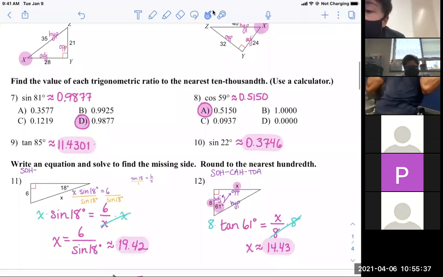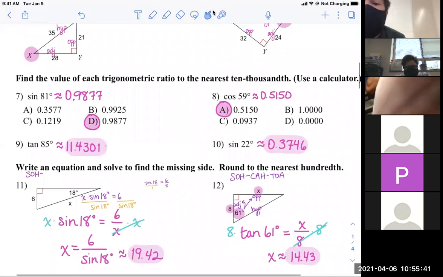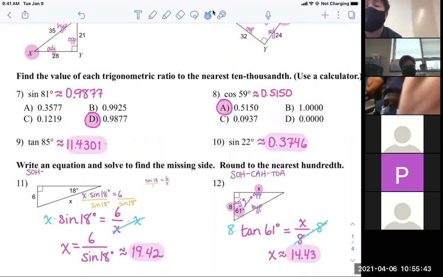Okay, now 11 and 12 are the ones that we just did. So you probably didn't really know what you were doing on those, but 7 through 10, if you had not figured out how to get your calculator in the right mode, then you probably had trouble with that. But if you got any of those wrong, 7 through 10, you should right now type them in and just make sure it looks right.